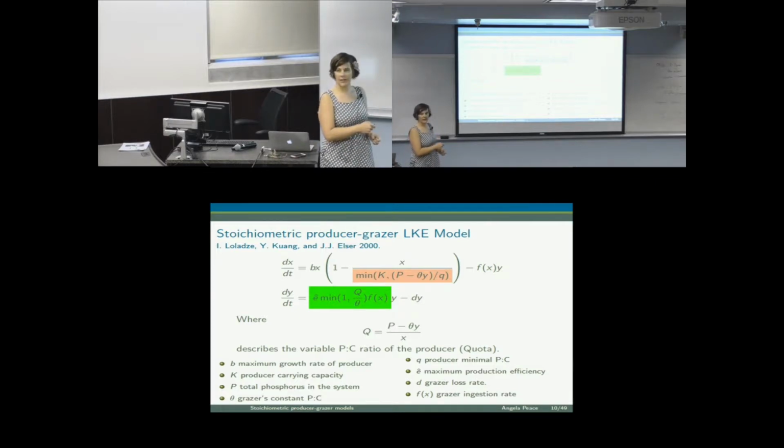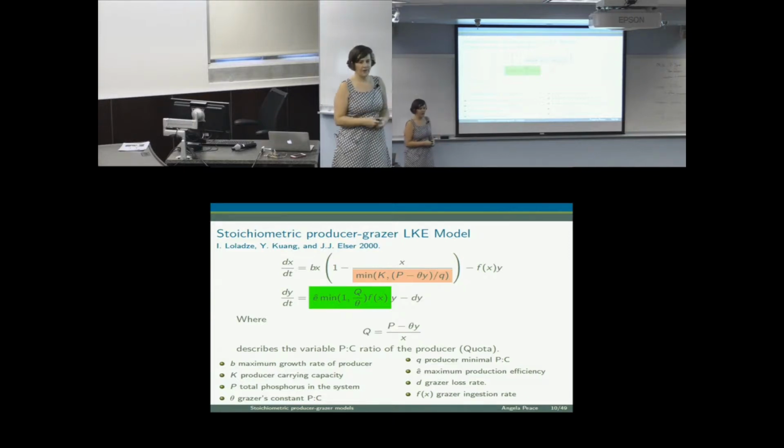So looking at this new carrying capacity, it is the minimum function of two inputs. The first one is K. That's the carrying capacity from before. It's a carrying capacity defined in terms of carbon. And it's going to be related to the light intensity for this system. That second input in that minimum is going to be the carrying capacity defined in terms of phosphorus. In order to do this, they made a few assumptions. They assume that the total amount of phosphorus in the system, P, right here, is constant.